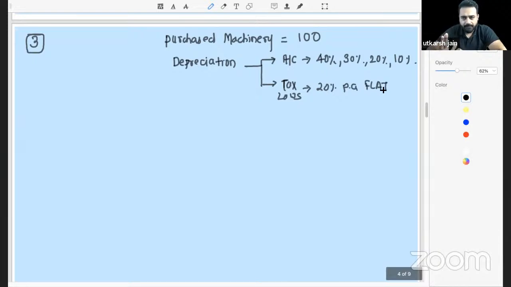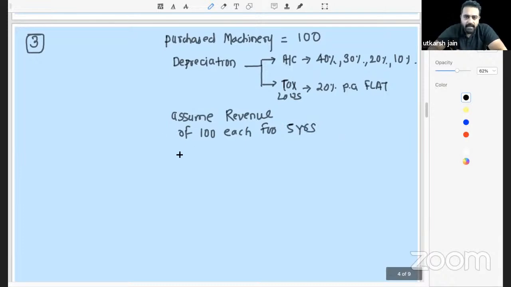Okay, no complication. And we will assume a revenue of 100 each year for 5 years, and let's assume a tax rate of 40%.